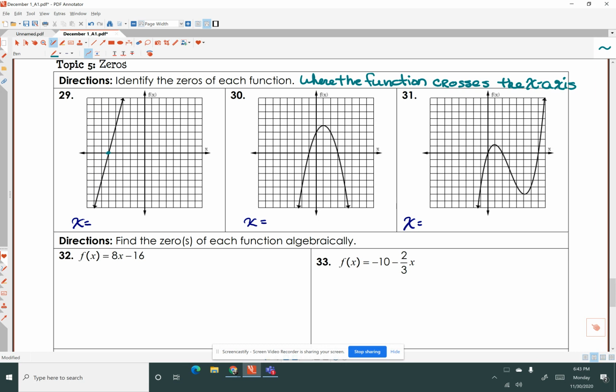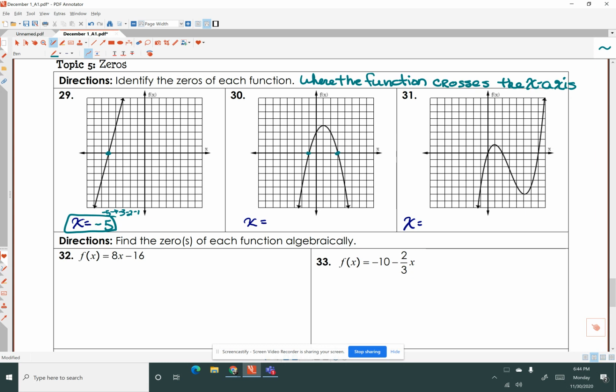Okay, so we're looking for where the function crosses the x-axis. Okay, and it crosses the x-axis at -1, -2, -3, -4, -5, right here. So x equals -5. All right, it looks like we have two places here.